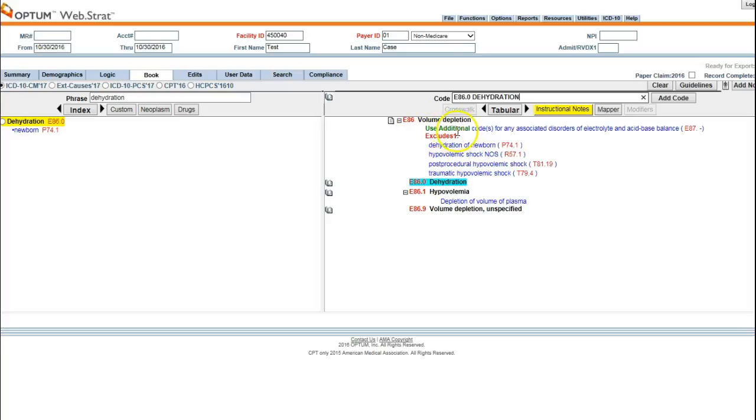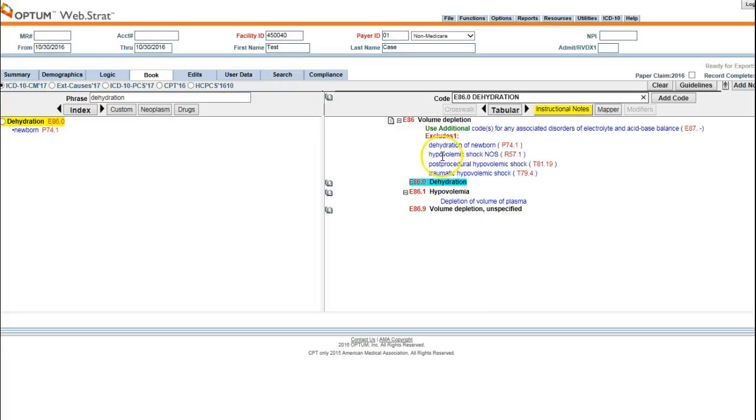And then it's telling us here to use additional codes for associated disorders of electrolytes and acid-base balance. He did not say that the patient had any type of electrolyte problem, like she's lacking potassium or calcium or anything like that. So we're just going to pay attention to our excludes notes. She is not a newborn, so we don't have to worry about that. He didn't say she went into shock.